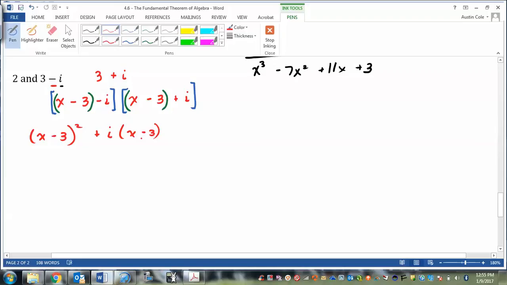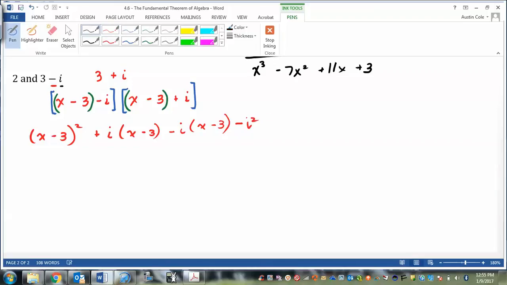Then I need to work on my inside. Negative i times x minus 3. That'll be minus i times x minus 3. And then my outer, when I FOIL, negative i times i is negative i squared.